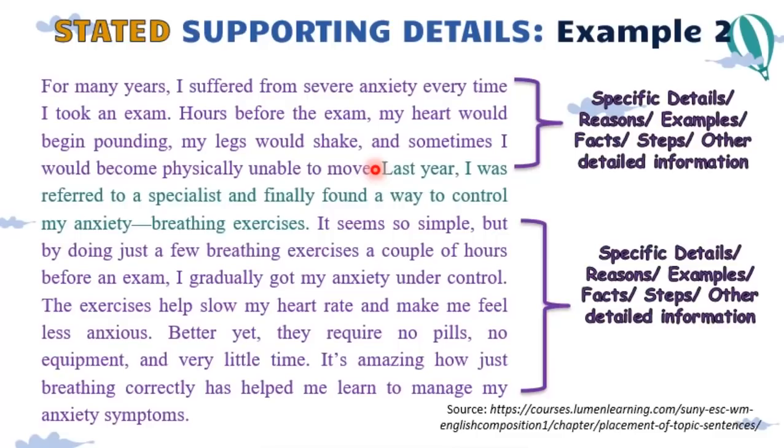And after the main idea was presented, the author continued writing about his situation, but now after he or she has received treatment. So both are details that further develop this main idea.